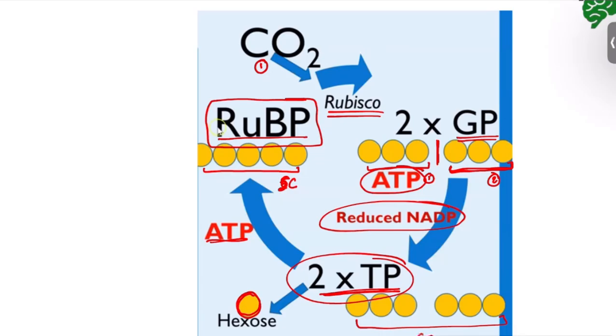Once your triose phosphate has been formed, one carbon atom is removed, so you have 5 carbon atoms left over, and those 5 carbon atoms use ATP to form RuBP. Okay, so those 5 carbon atoms use the ATP to reform the RuBP. And once your RuBP is formed once again, the cycle can continue going round and round.